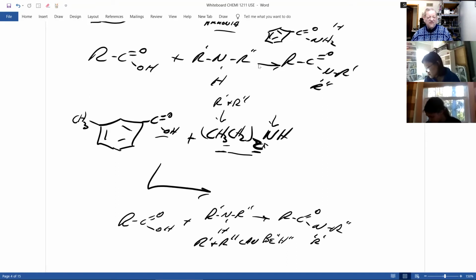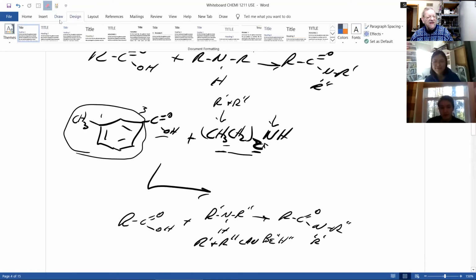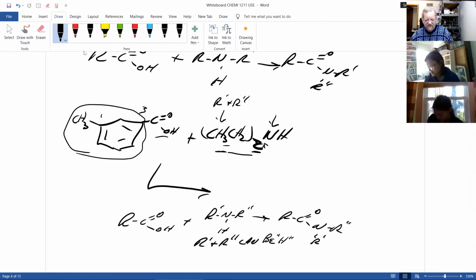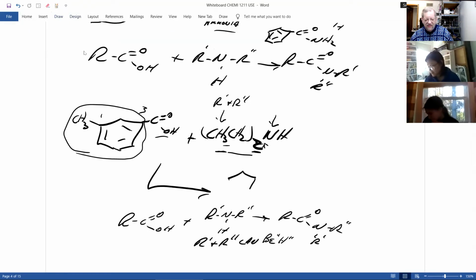In this case, my R group is this benzene ring with a methyl group. Notice it's 1,3, a meta. And therefore, I'll have my benzene ring. Oh, that's the awful benzene ring I've ever written. Don't look. It's gone. That's better.